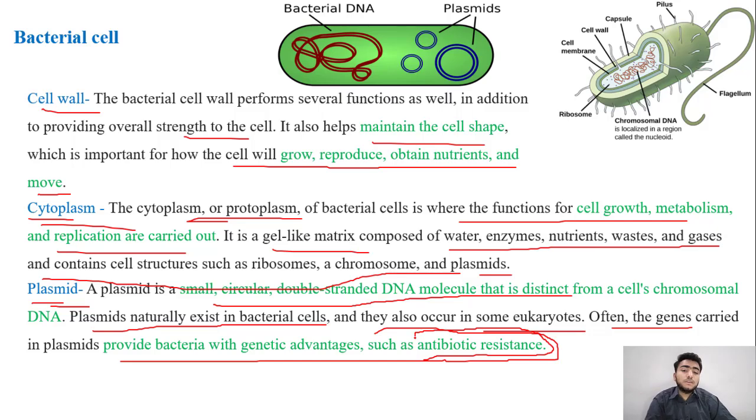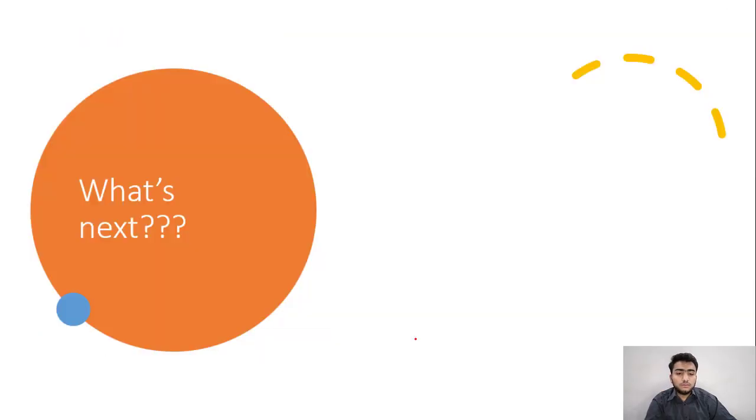And plasmids do have a role in genetic engineering and molecular biology. Bacteria really are an important tool of genetic engineering as well.